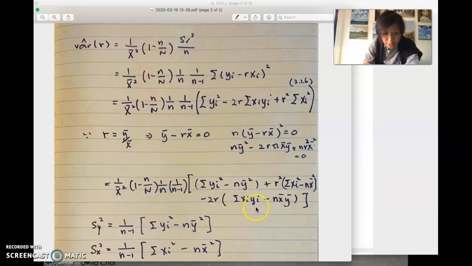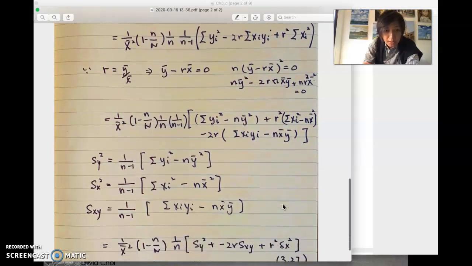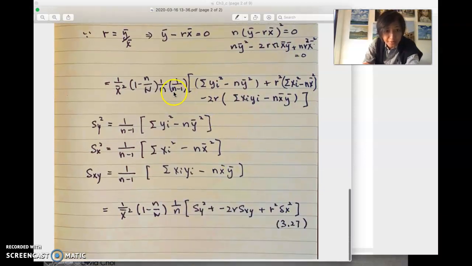You can read that through. In that case, I still have n minus 1 outside. This bit divided by n minus 1 is indeed s y squared. This bit divided by n minus 1, I have R squared s x squared. This bit divided by n minus 1, I have this. So that becomes 3.27.